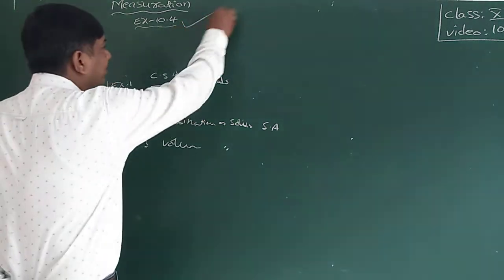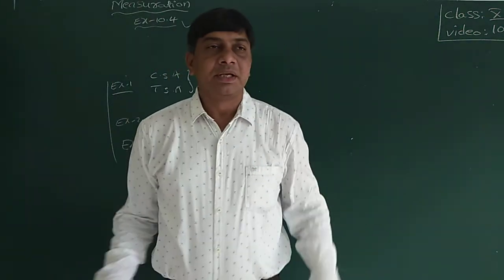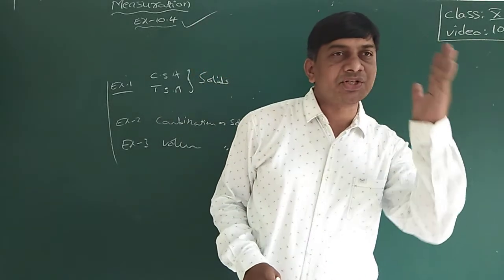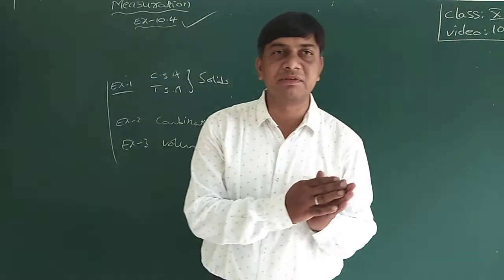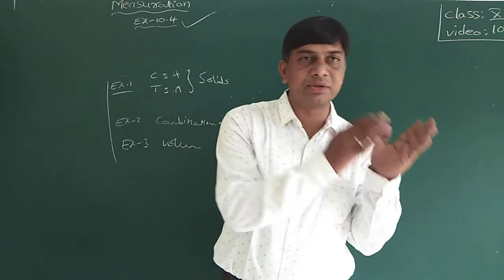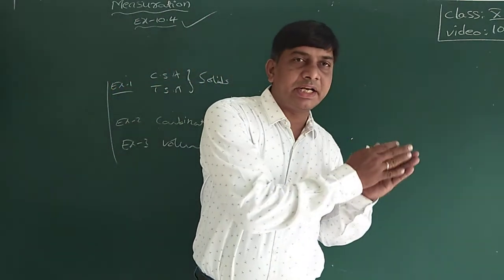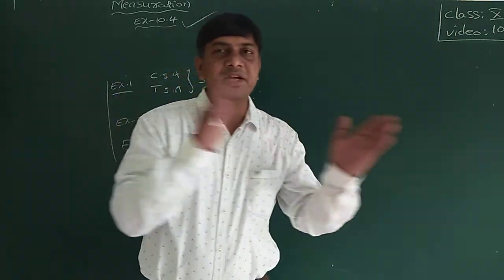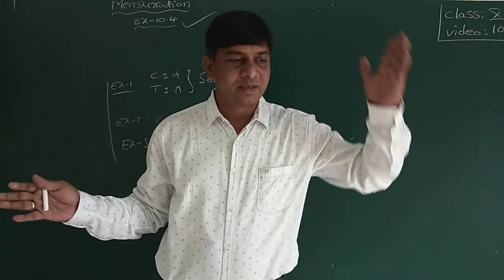Now in this fourth exercise we are going to learn about the conversion of one solid into another solid. To make one solid into another solid, again we need the help of volumes of the two solids.